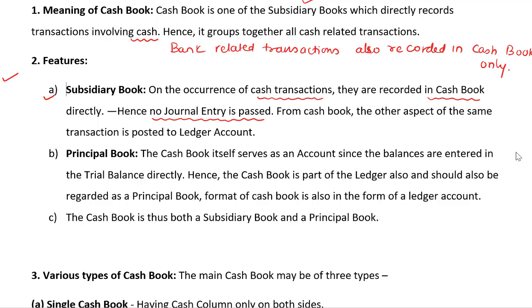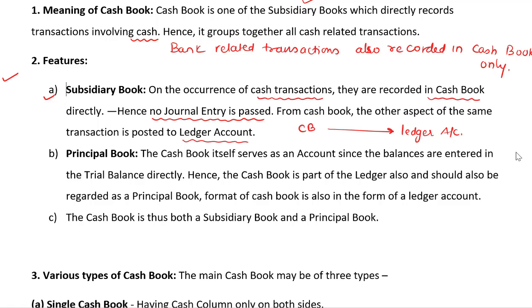From cash book, other aspects of the same transactions are posted directly to the ledger account. So we record the transaction in cash book, and from cash book the transaction should be directly taken to where? Ledger account. I hope this first point, that is subsidiary book, is absolutely clear.